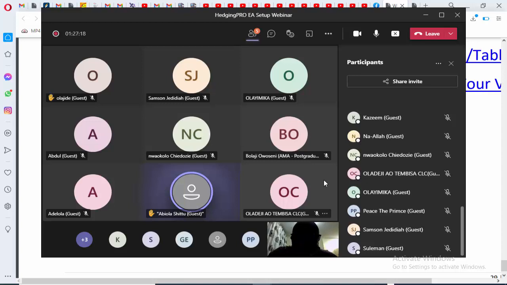The other one is about this trading setup. You said we shouldn't use the bull software, like the bull setting, because it is very risky. So it means that we are just going to open just buy and sell, since we'll be using the HedgingPRO.